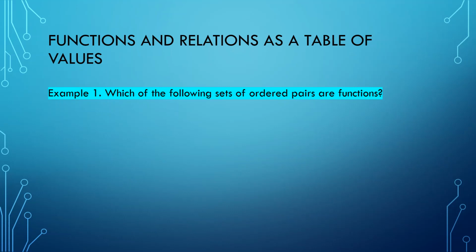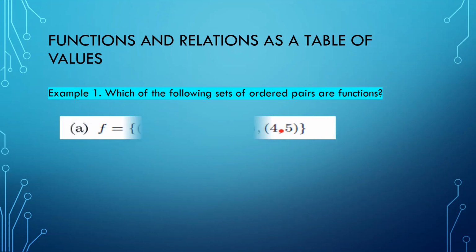Function and relations as a table of values rather. Example number 1. Which of the following sets of ordered pairs are functions? We have letter A, a set F with ordered pairs (1, 2), (2, 2), (3, 5), and (4, 5). Is this a function or not?